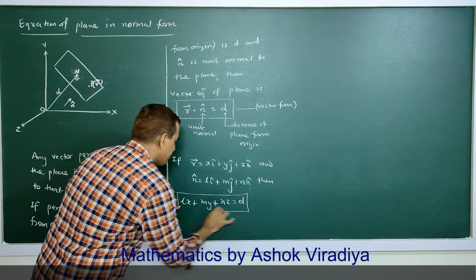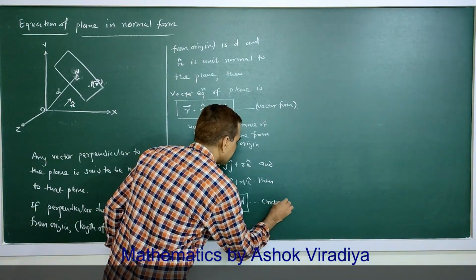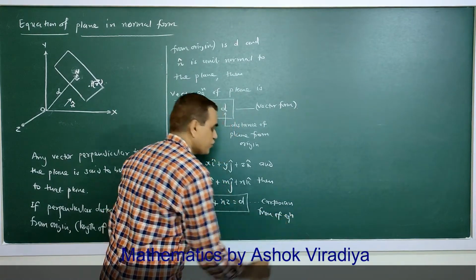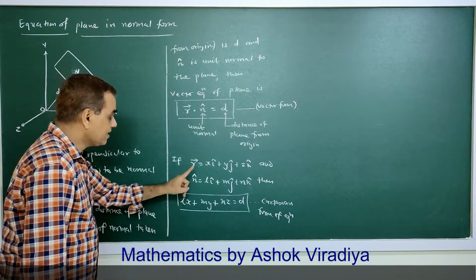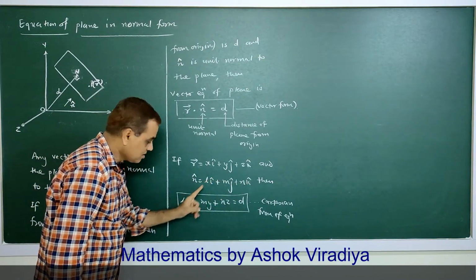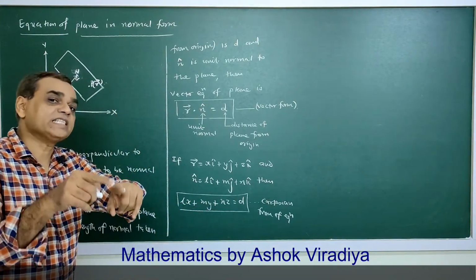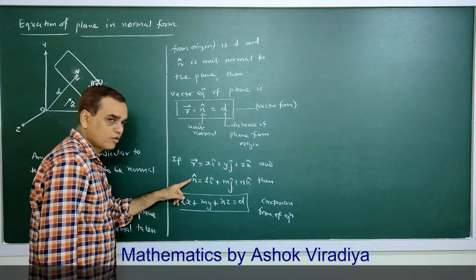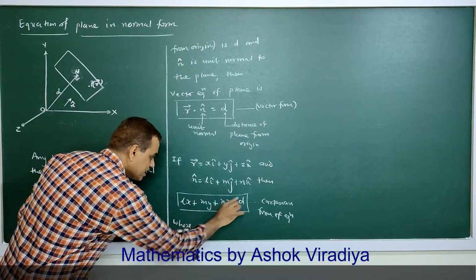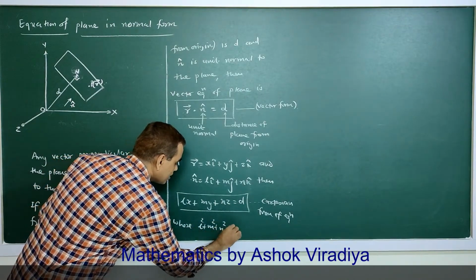This is the Cartesian form of equation. And say here, because this is unit normal, l, m, n are direction cosines of this unit normal. So because it is unit normal, in this equation l square plus m square plus n square is 1.